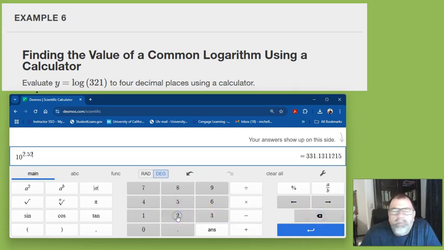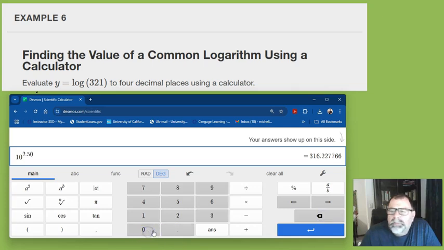So 2.52, too big. 2.51, too small. So now I can go out 1 more decimal place, and I can keep doing this game. Too big. Too small. Too big. So on, I can keep doing this.